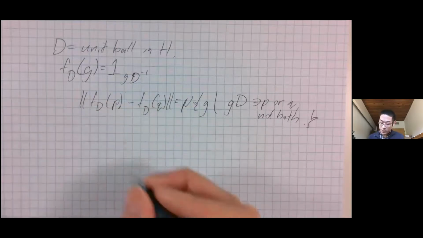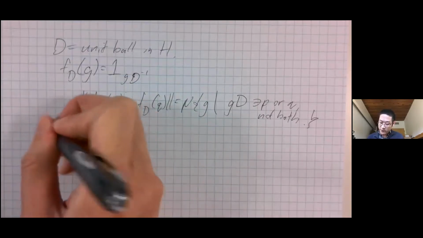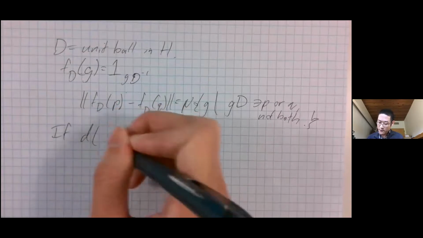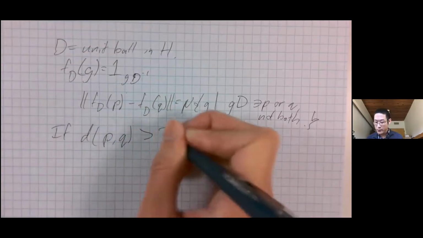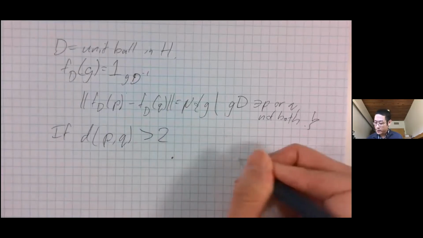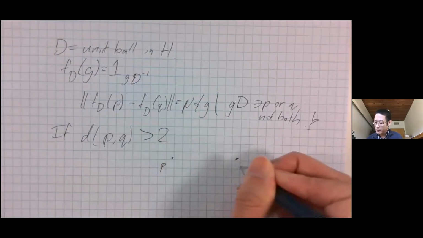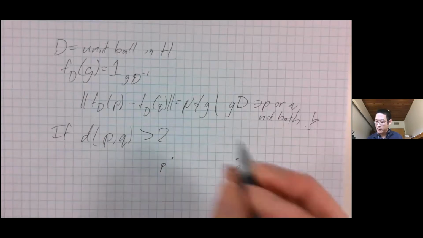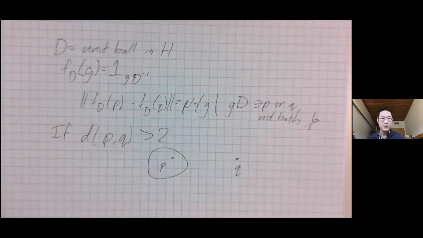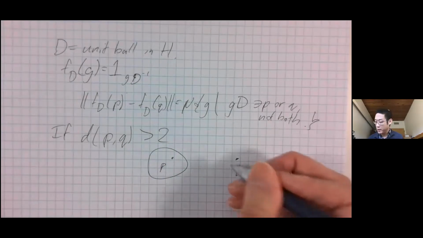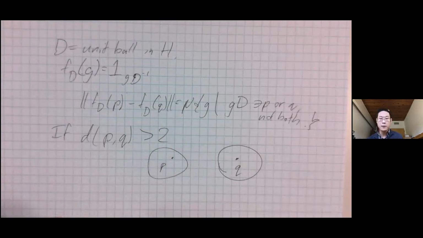So what does this do? Well, if p and q are far apart, let's say their distance is at least 2, then when we look at translates of the unit ball that contain either of these, if I have a translate of the unit ball that contains p, then it doesn't contain q. If I have a translate of the unit ball that contains q, then it doesn't contain p.